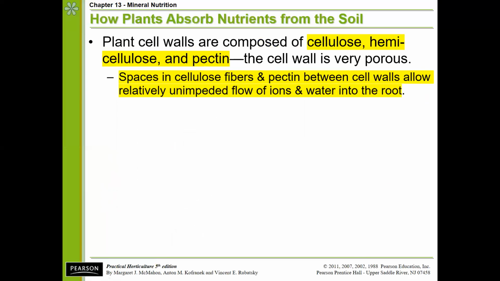First, think about the plant cell walls. Cell walls are composed of the carbohydrate cellulose and hemicellulose as well as pectin. But the cell wall, even though it provides rigidity to the cell, is actually very porous. And spaces in between these cellulose fibers and pectin can allow unimpeded flow of ions and water into the root.